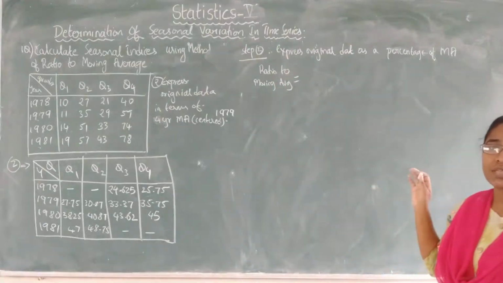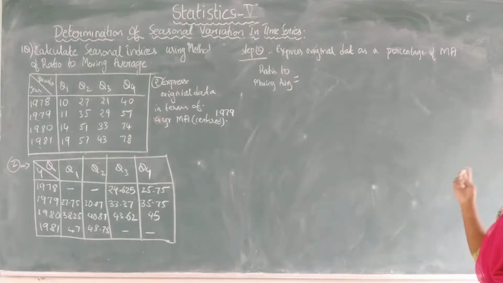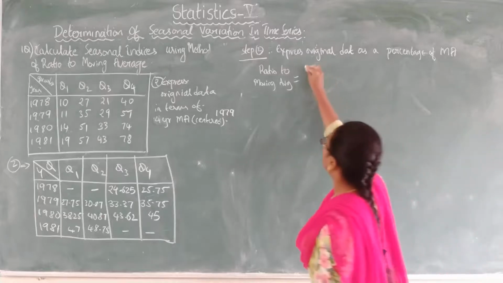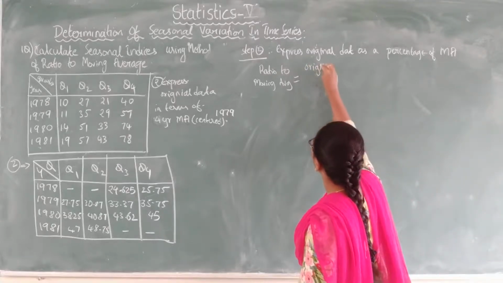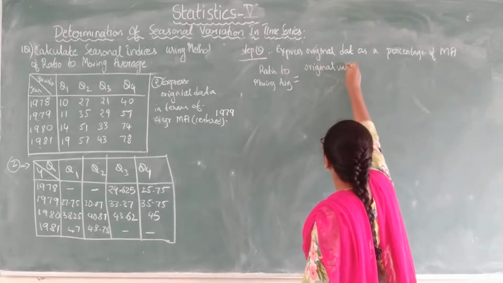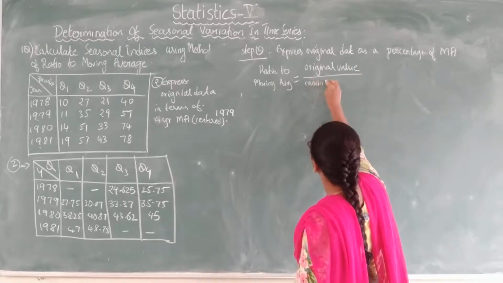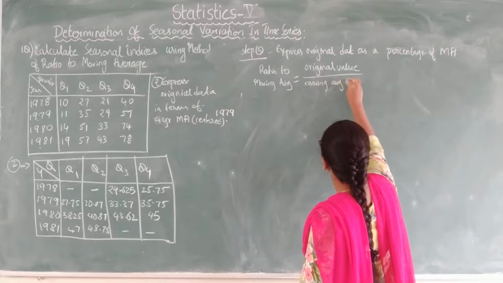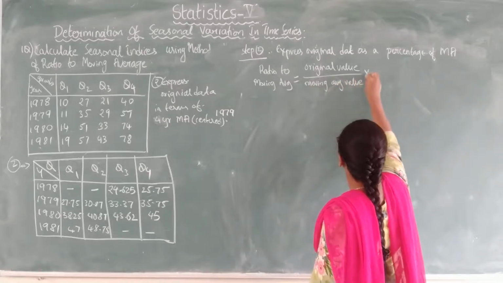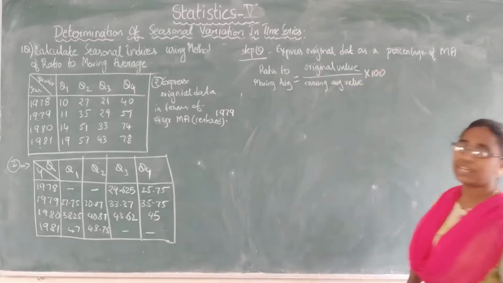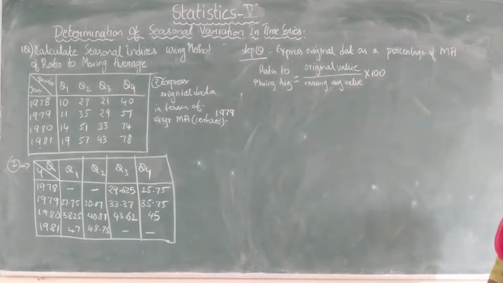Since we are expressing the original data as a percentage of moving average, it is original value divided by moving average value, into 100. So original by moving average into 100.